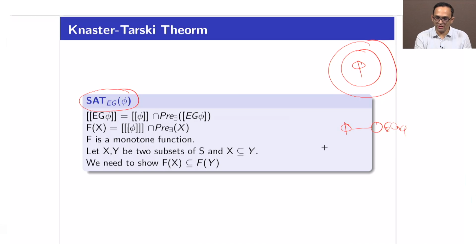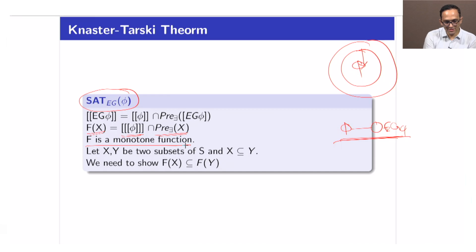So basically I am shrinking that set. The corresponding function is f(X) equal to the initial set phi intersection pre-exists of X. That is what I talked about here. I have to first show that this is a monotone function, and then because a monotone function has a fixed point, greatest fixed point or least fixed point, this will hold.